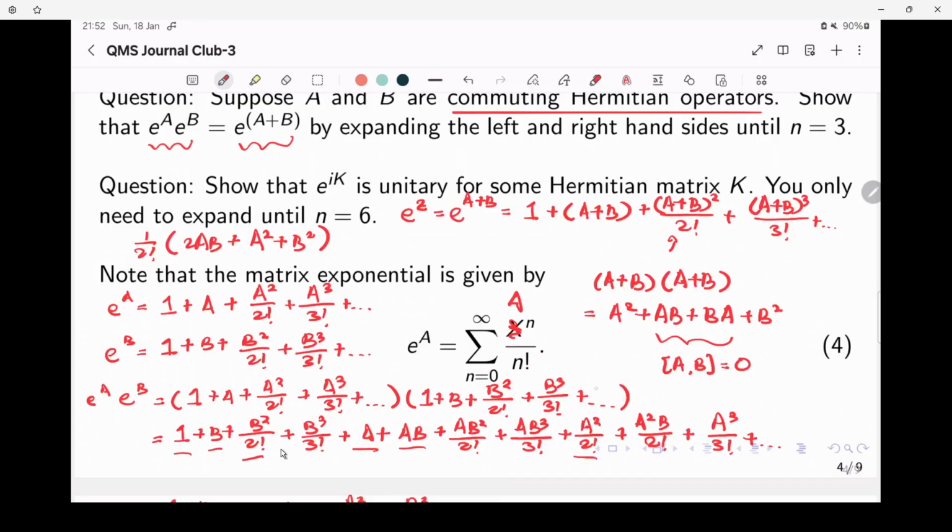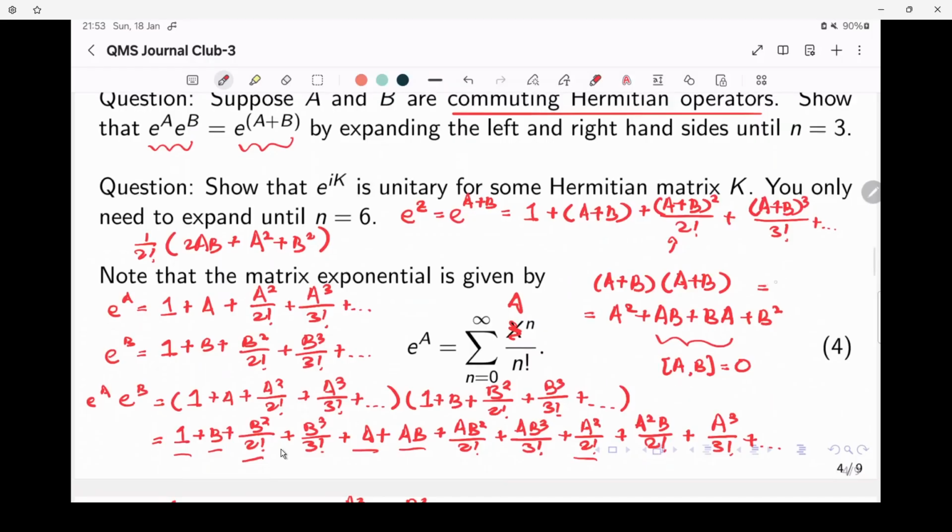If they commute with each other, then yes, you can write a squared plus 2ab plus b squared, and then your e to the power of a plus b will be exactly equal to e to the power of a multiplied with e to the power of b.